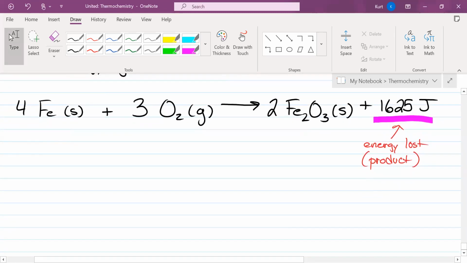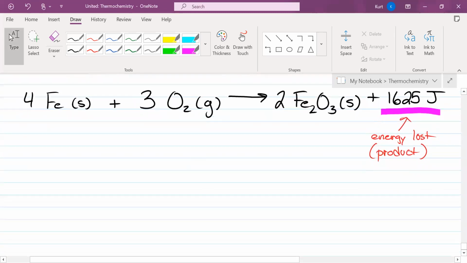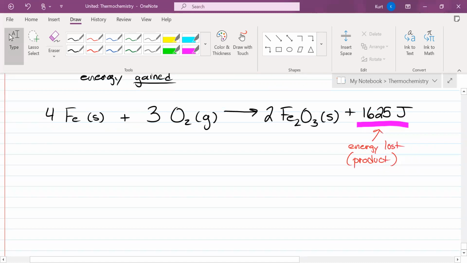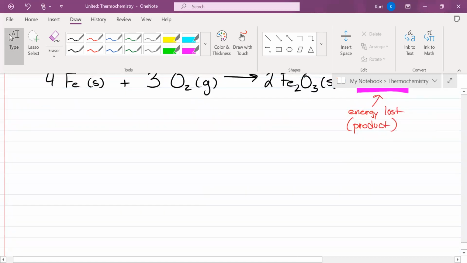All right. So here's how this looks, guys. Here's how you actually write it, and you might actually see this on your homework. So you would put 4 Fe plus 3 O2. And here's what I want you to realize.